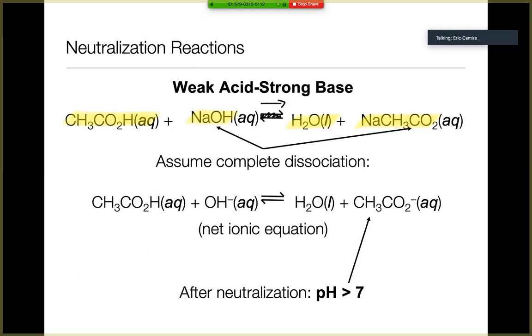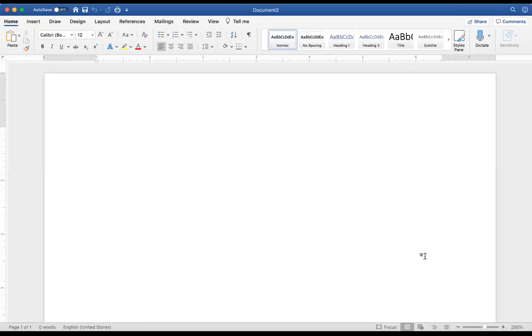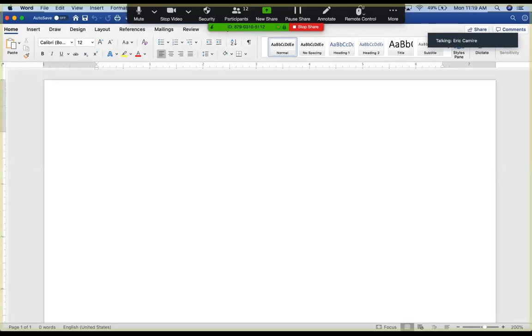All right. So let's take this reaction. I'm going to move it over to Word, and then we'll pull it apart. All right. So let me recopy that reaction. We said we had acetic acid, so CH3COOH.